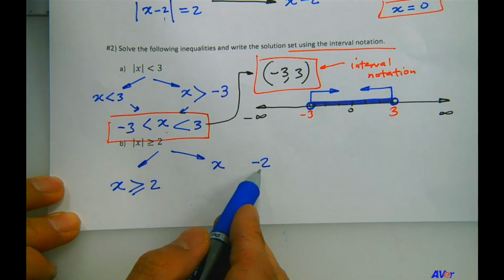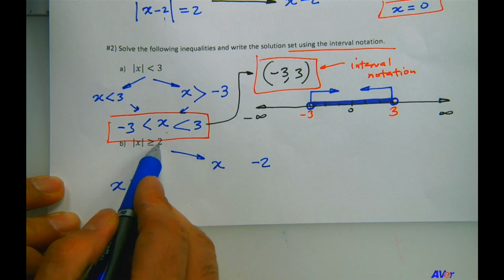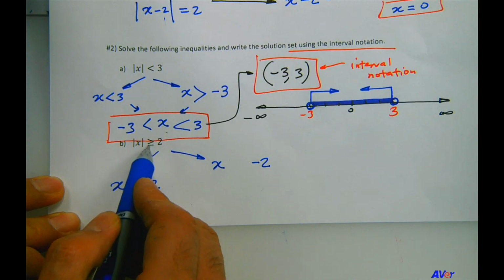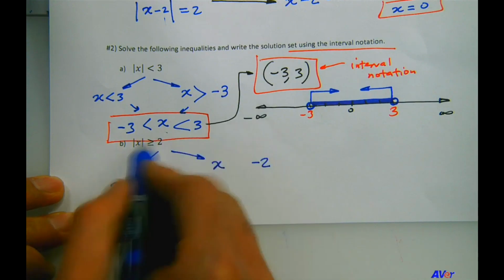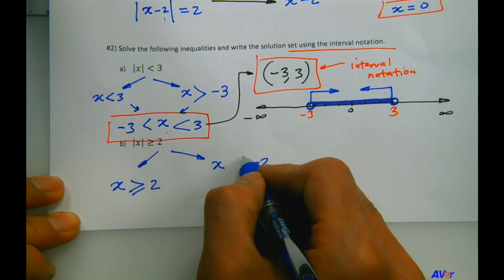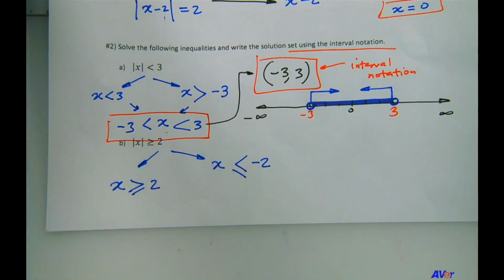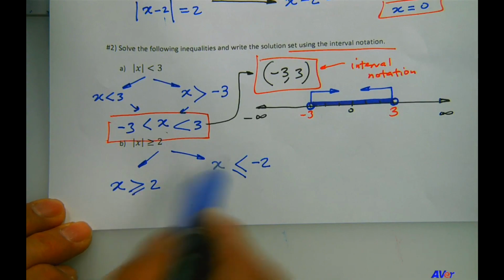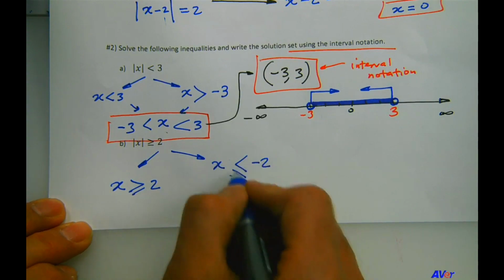Oh, but wait a minute. If we multiply the other side by -1 to make it -2, then this inequality has to change direction. So from that, it becomes that. Okay? So the solution of this is x must be greater than or equal to 2 or less than or equal to -2.